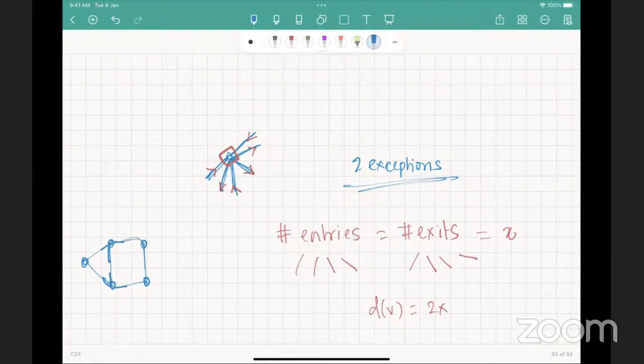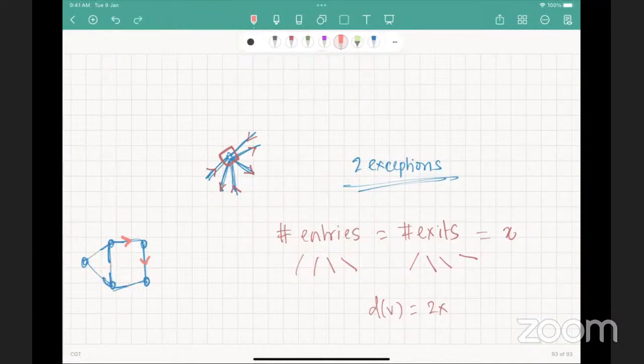So of course you should be able to start here and come back and visit every edge exactly once. So I go here, here, here, here, here, and here. So that's actually possible. So you can start here and end here.